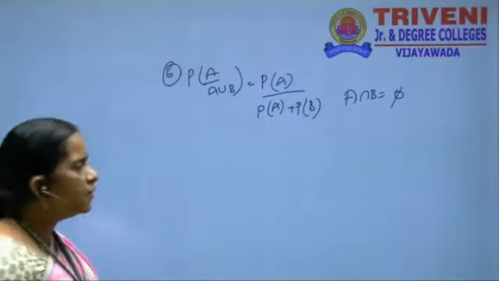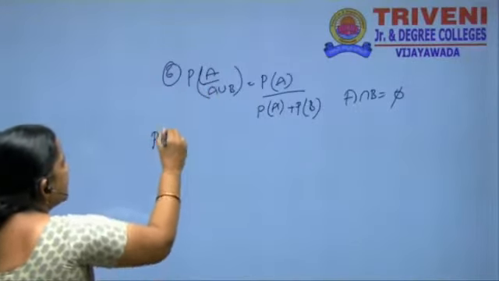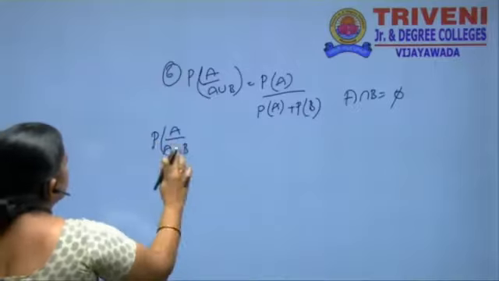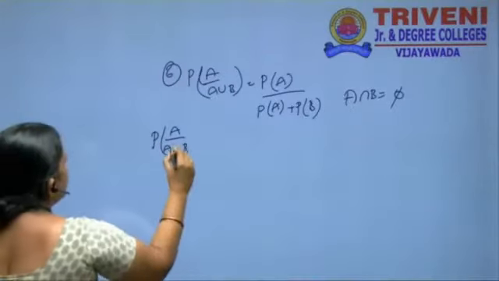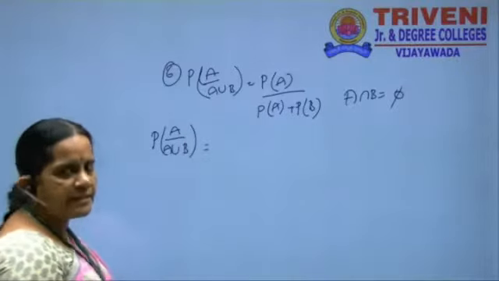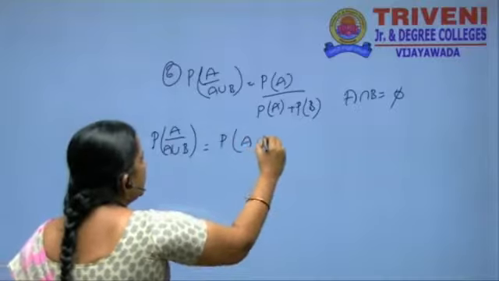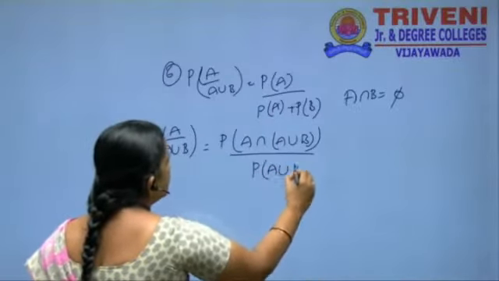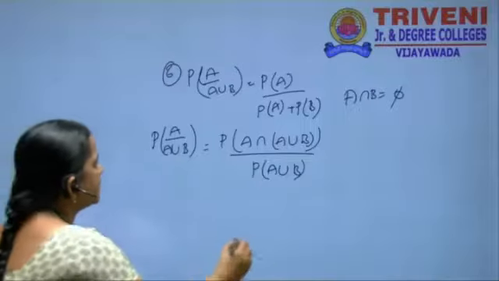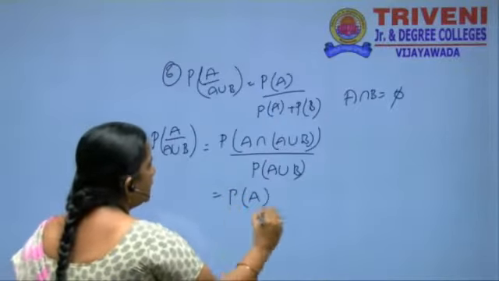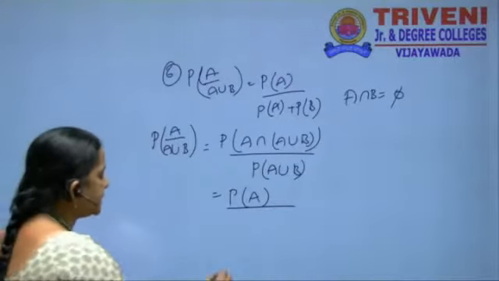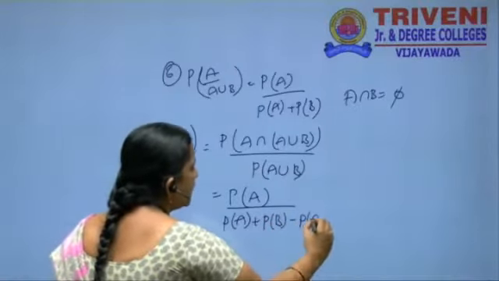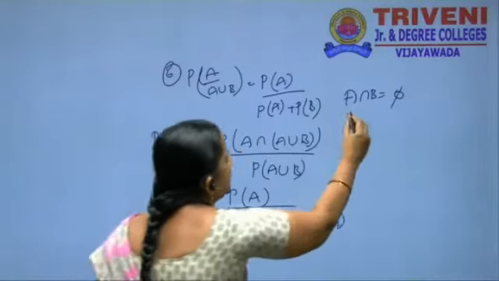A intersection B is equal to phi. Taking the LHS here, P of A by A union B is equal to, by using the multiplication theorem, P of A intersection A union B by P of A union B. P of A intersection A union B is nothing but P of A, and P of A union B, by using the addition theorem on probability, is P of A plus P of B minus P of A intersection B. Here A intersection B value is phi.